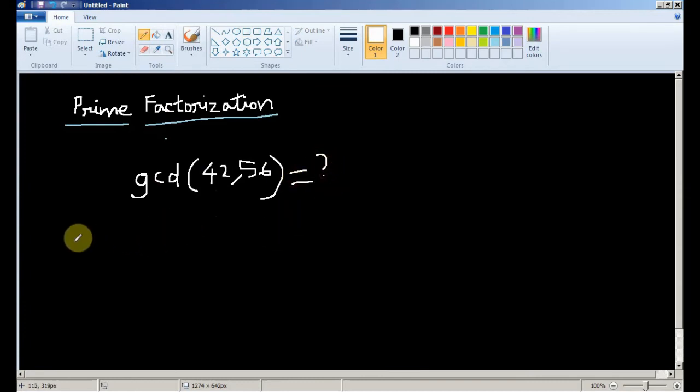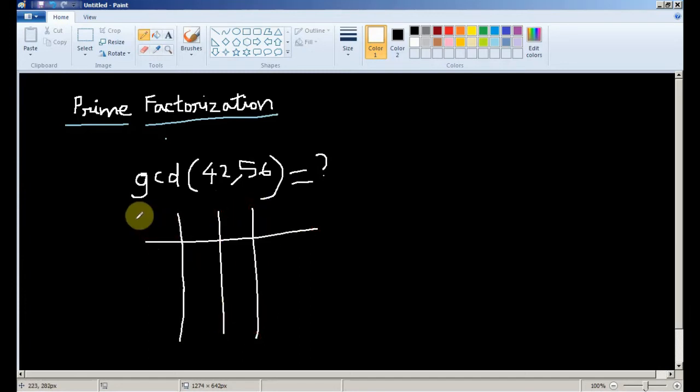So first we do prime factorization, and simply make a table of all the factors. One column for 42 and one for 56.